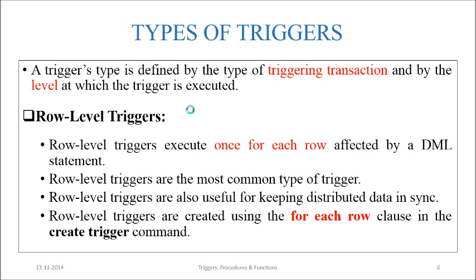As it is executing for every row of data being inserted, it is very useful for keeping distributed data in sync, and it is the most common type of trigger being used. To specify a row level trigger, we use the for each row clause in the create trigger command.